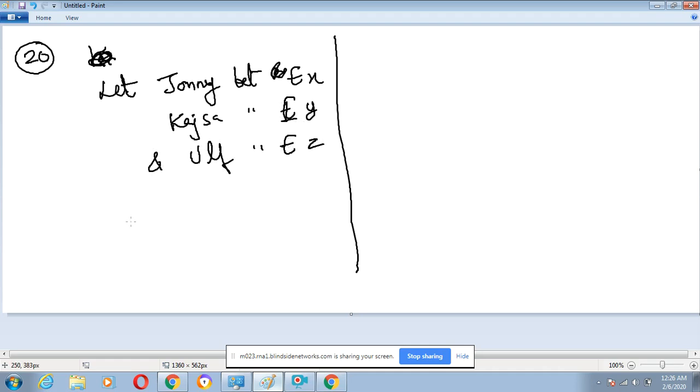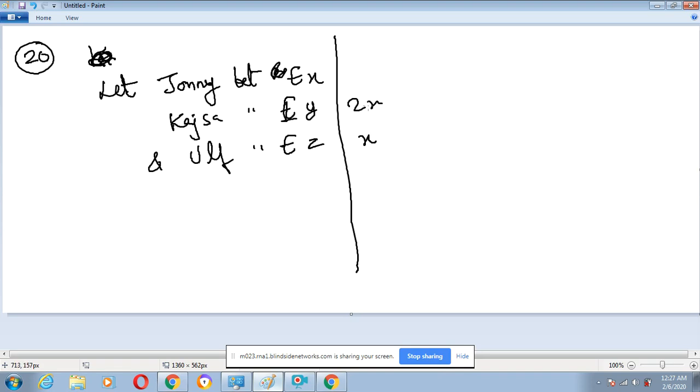Or not necessarily like that, because Johnny can be x, and Kaisa can be x plus 50, because Kaisa spends 50 more than Johnny.